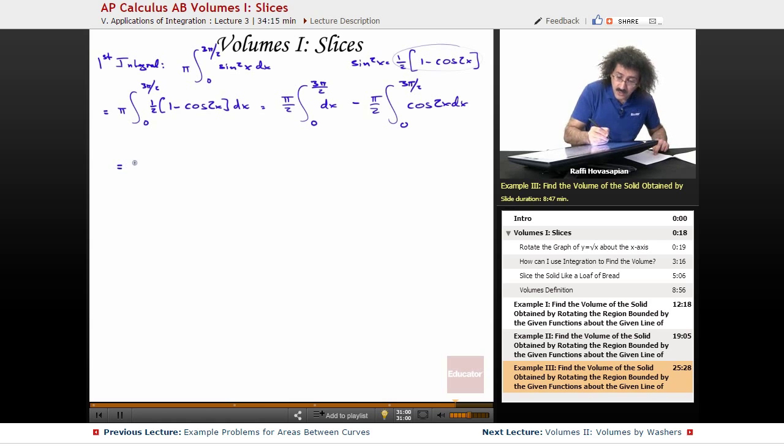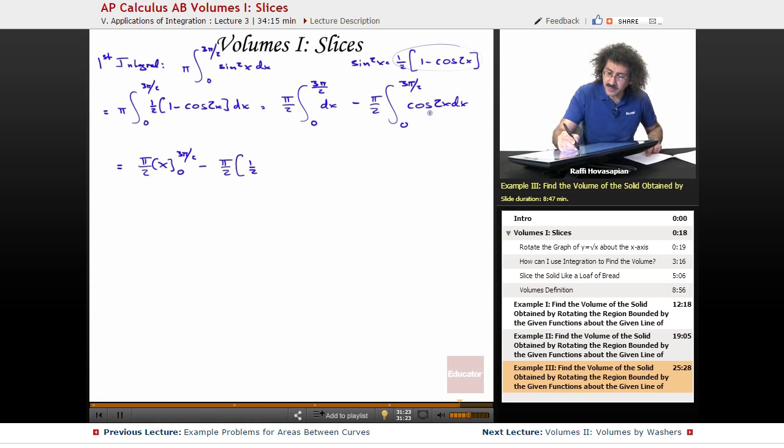And what I end up with here is pi over 2 times x from 0 to 3 pi over 2, minus pi over 2 times the integral, which is going to be 1/2 sine of 2x, since the integral of cosine is sine, evaluated from 0 to 3 pi over 2.